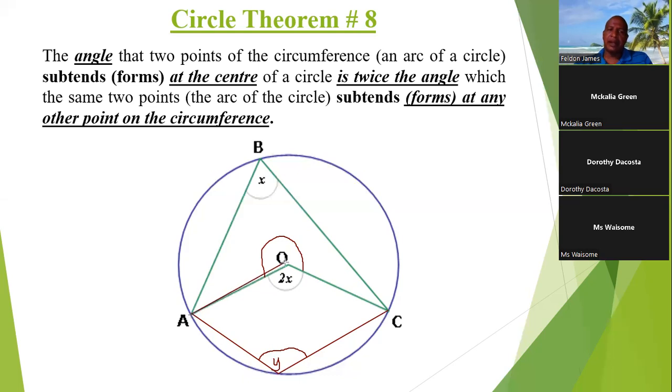What does that shape in red look like? An obtuse angle, sir. Oh, diamond, sorry. Right, the diamond. Now what you notice is that the angle formed at the center is inside the diamond, and the one that is twice it is outside the diamond at the center. You see that? Yes, sir.